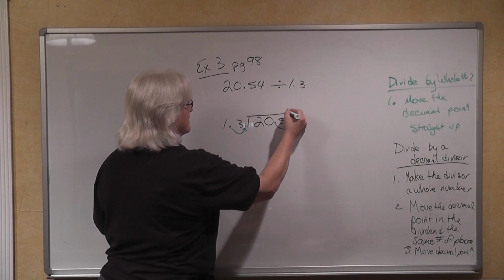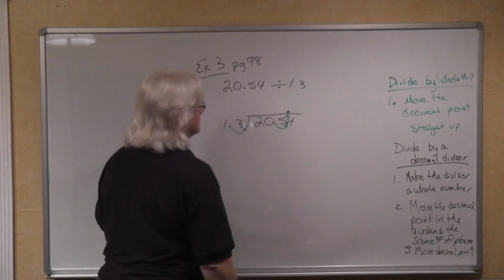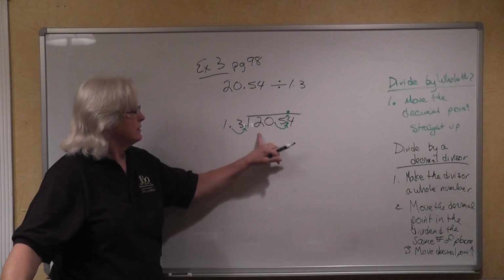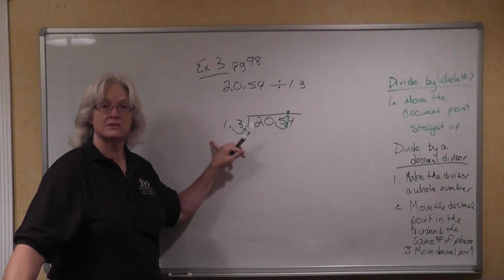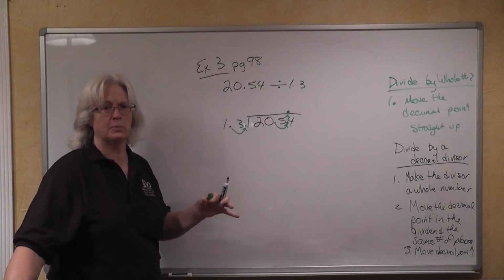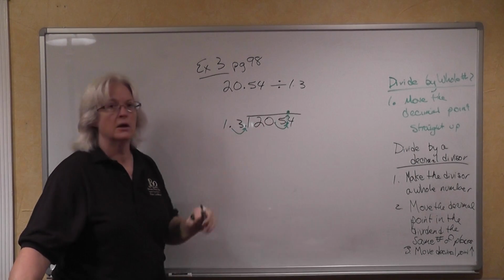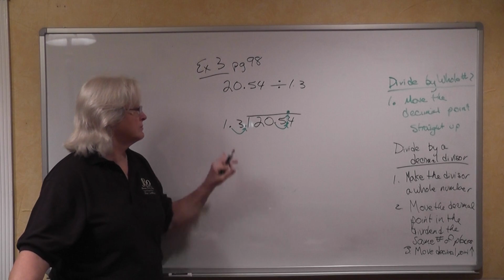Then you move that decimal point up to the top. Now we're going to divide this number by this number, ignoring the decimal points, because we've already fixed the location of our decimal point.